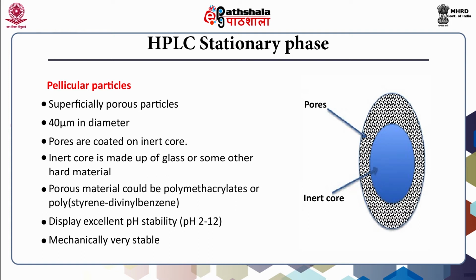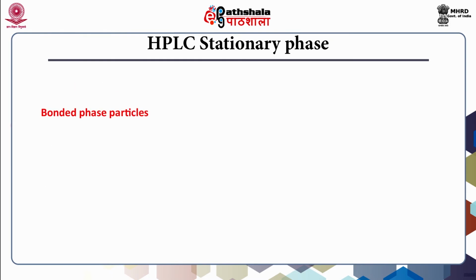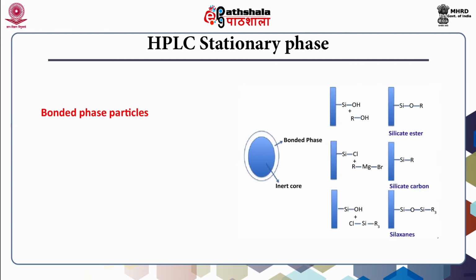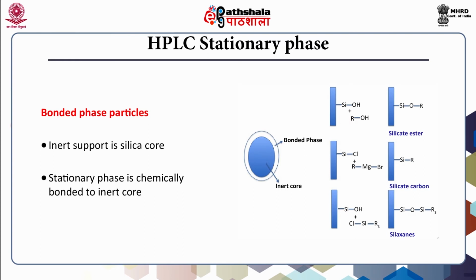In the next slide, we will discuss our third stationary phase particle, called the bonded phase particle. These particles also contain an inert core made up of silica, and the stationary phase is chemically bonded on that inert core by different linkages, for example ester bonds.